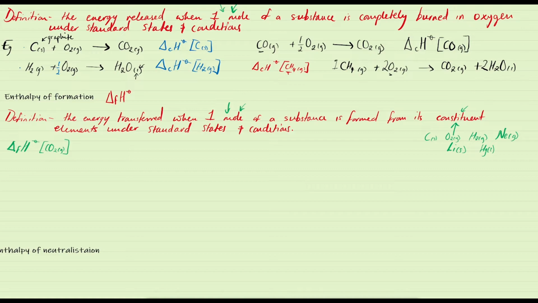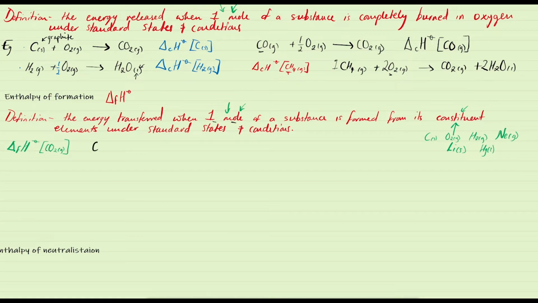Right, so I want to form 1 mole of carbon dioxide. That's what we're looking at in the definition, 1 mole of a substance. I've got to think, what elements make those substances? The elements that make those substances are carbon and oxygen. What states and what kind of molecular structure will they have?